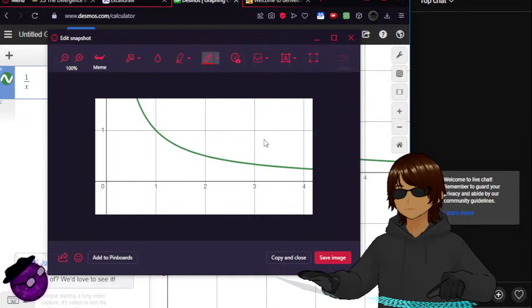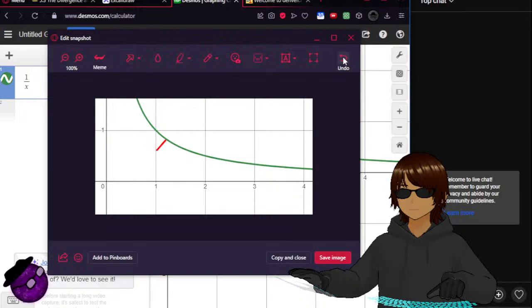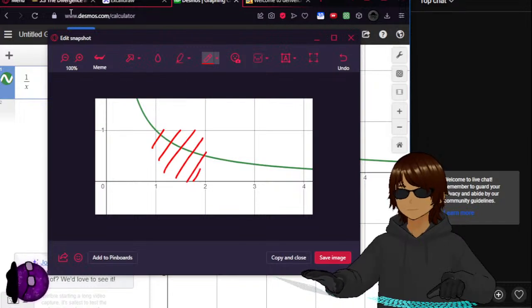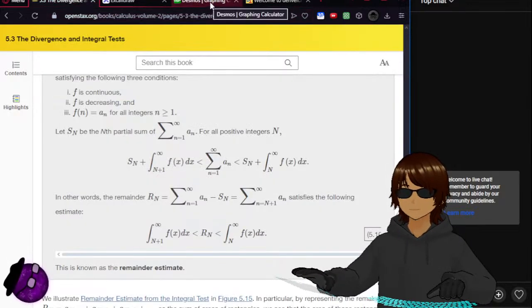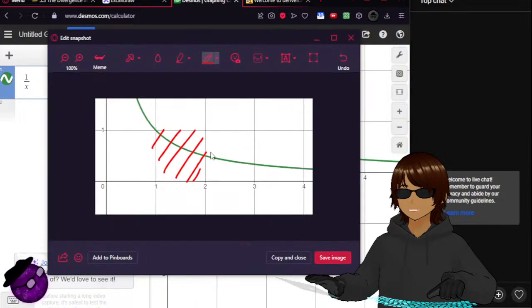So we are finding this. Wait, no, hold on. So this sum plus this sum, 1/2, 1/3.